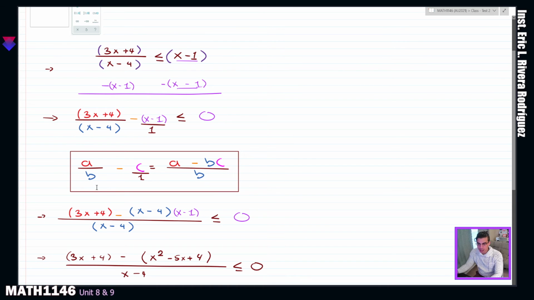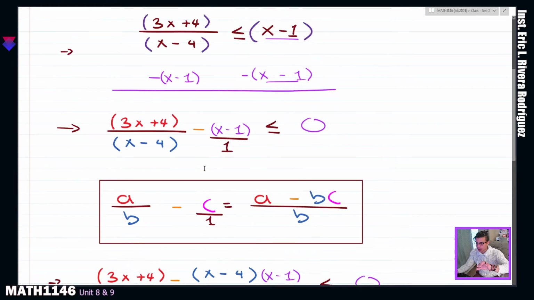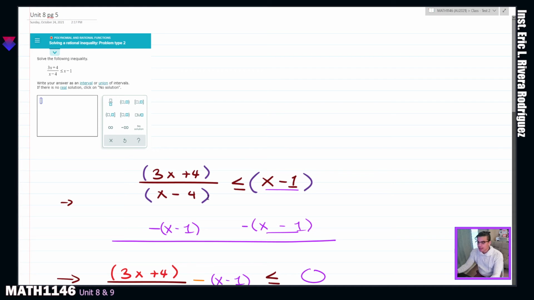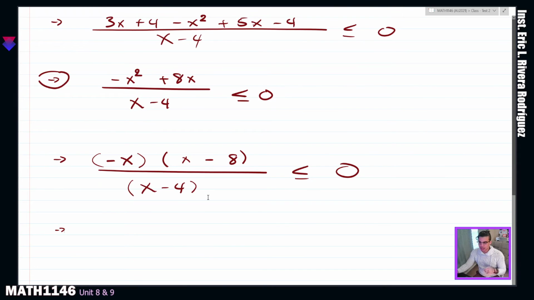Why did we not cancel x minus 4? Part of the reason is that x minus 4 is the denominator of the rational function. Okay, I think I know. Let me finish with this process, and then I'm going back to your question, Amanda, because I think I understand your question now.